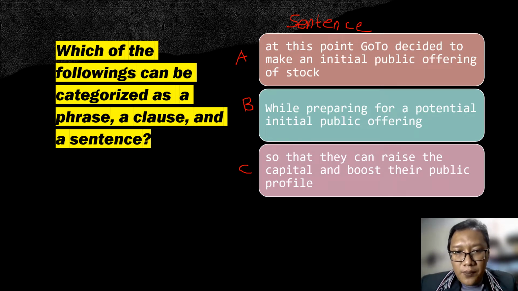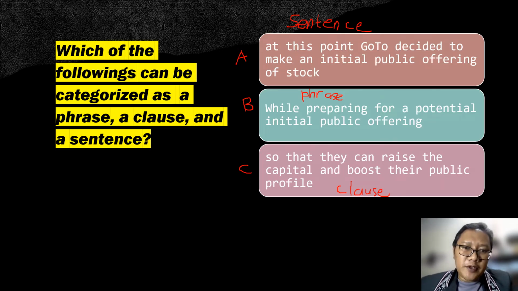What is it? Did you answer phrase? If you answered B is a phrase, congratulations, you are correct. That leaves us with C, so that they can raise the capital and boost their public profile. This one is a clause. Congratulations if you got all correct.